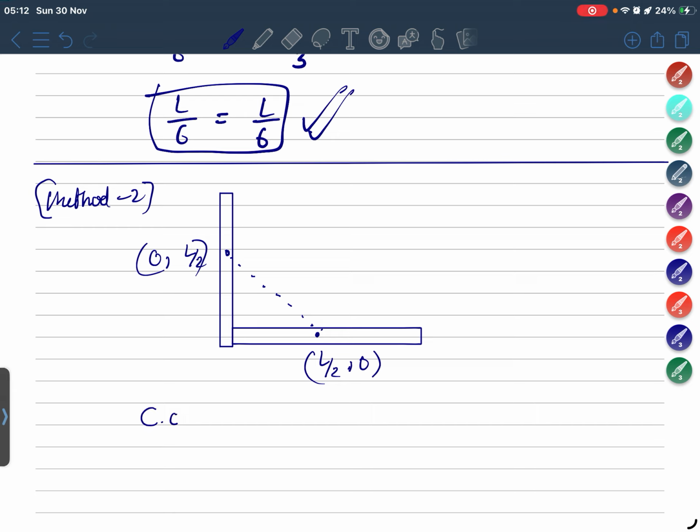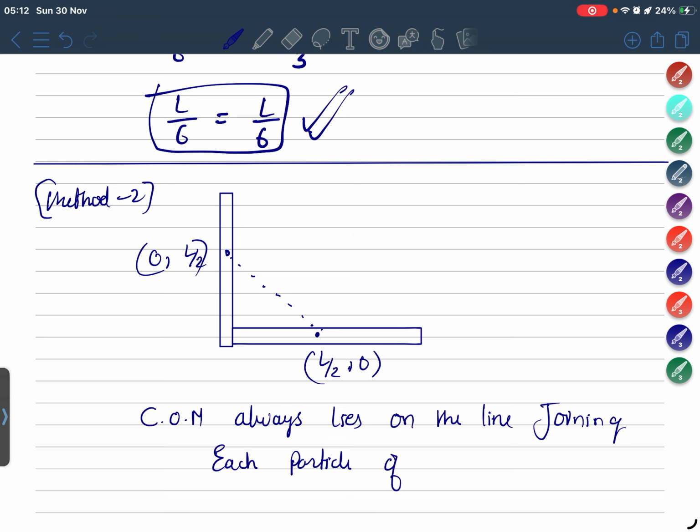You all know that the center of mass of a two particle system always lies on the line joining the centers of mass of the individual particles.